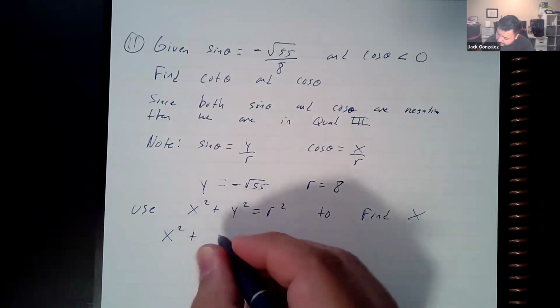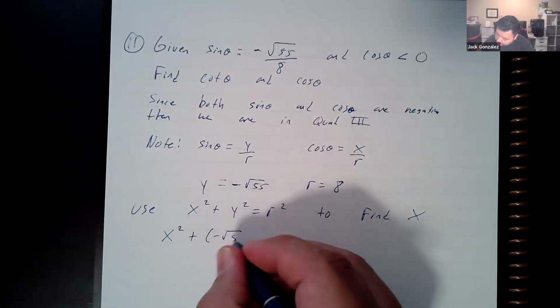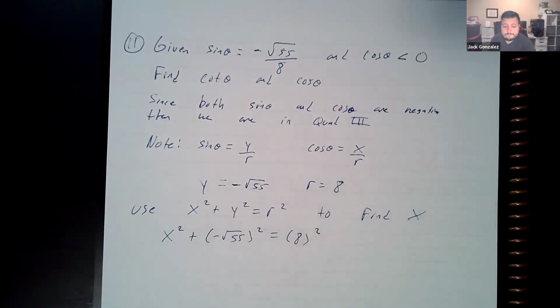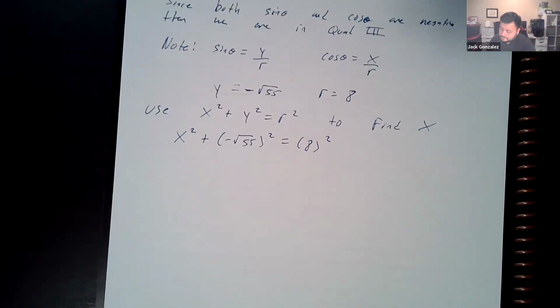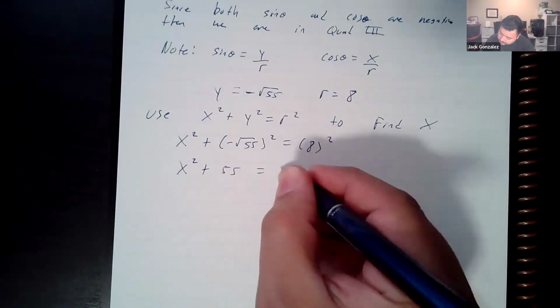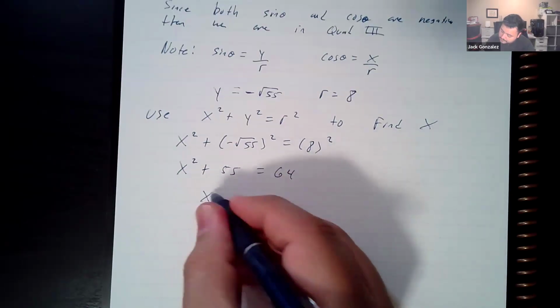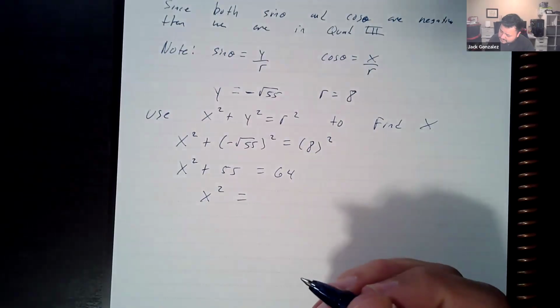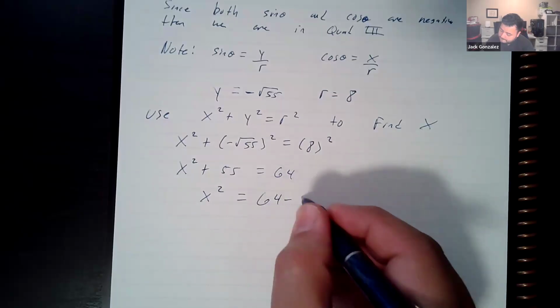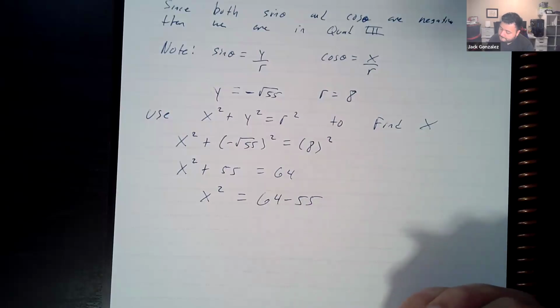So x squared plus negative root 55 squared is equal to 8 squared. That gives us this. That means that x squared is what? 64 minus 55? That's 9.